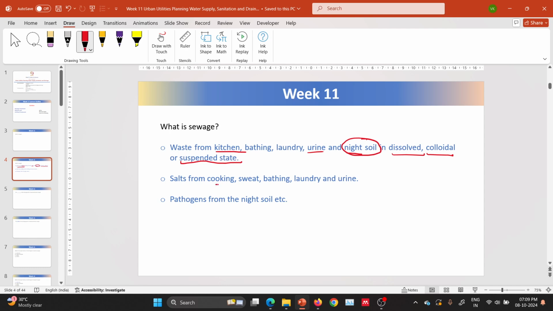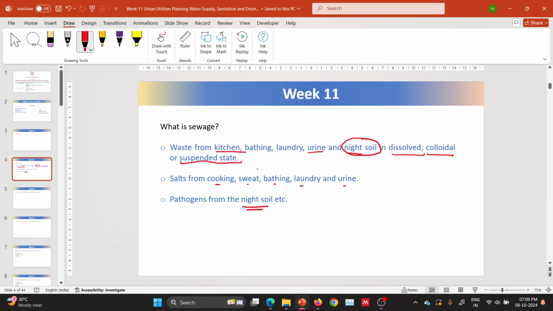From cooking, salts will come; sweat from bathing and laundry, and urine are also part of sewage, and pathogens from night soil are also a constituent of sewage. So this is about sewage.